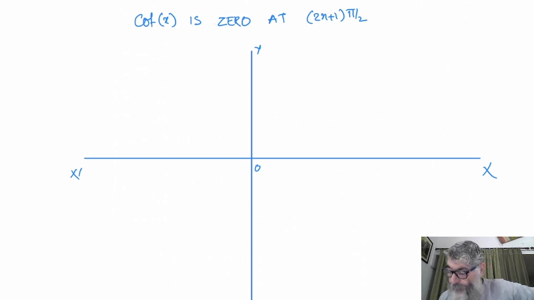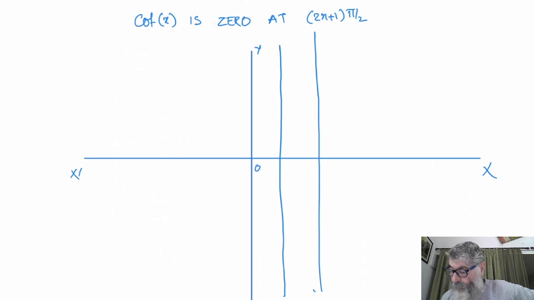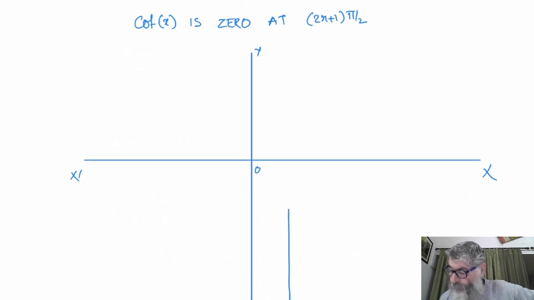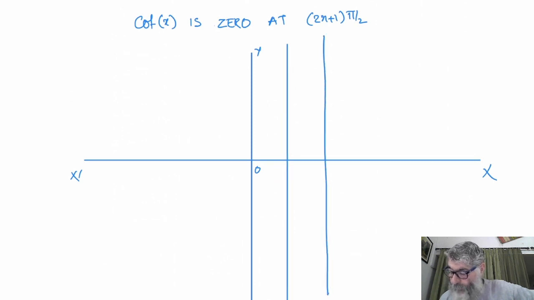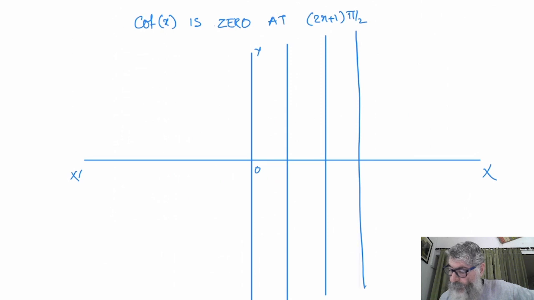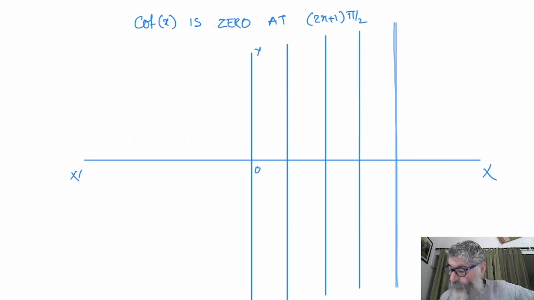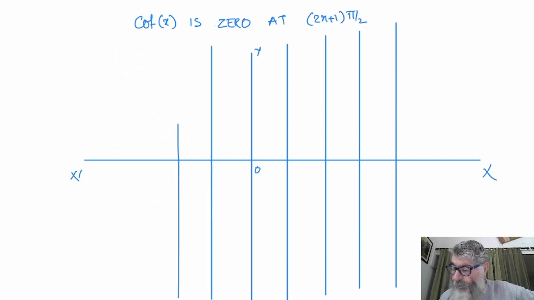Let me draw 1, 2, 3, and 1, 2, 3, 4. Similarly on this side, 1, 2, 3, and 4.